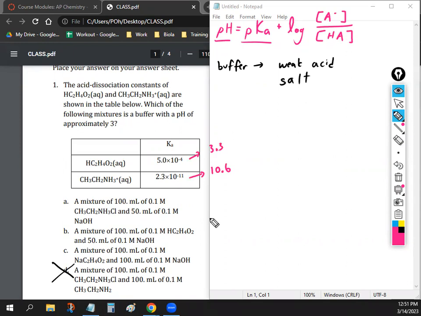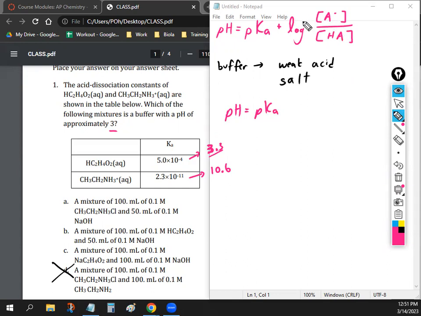All right, so by taking a look at these, we can look at the pKa and we should be able to notice that this value right here is very similar to the pH. Now, if these two values are similar, it means that the pH will be equal to pKa when this ratio is the same. Makes sense?